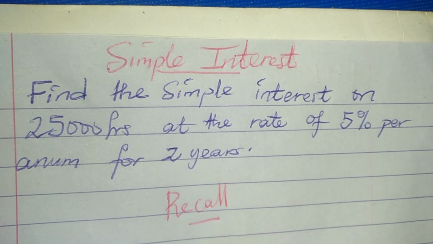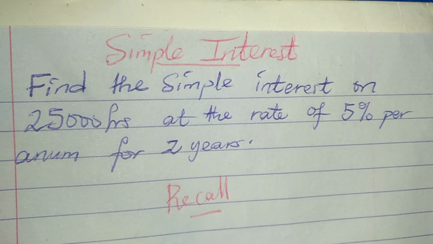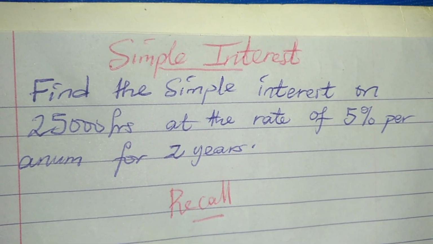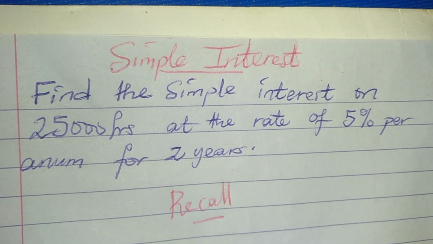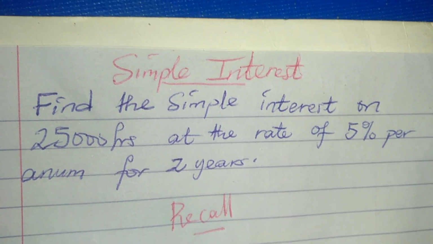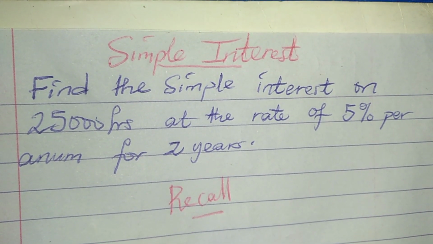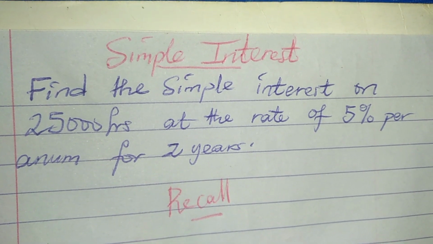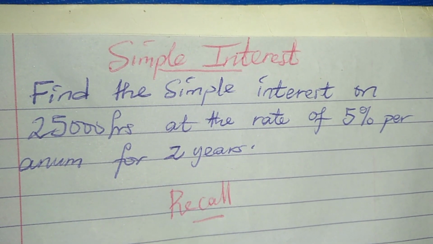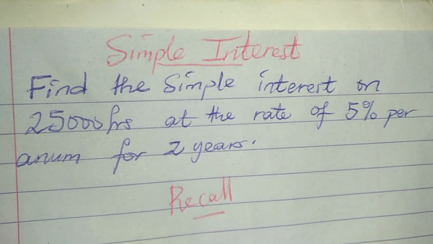So for instance, in our case here, they say find the simple interest on 25,000 at a rate of 5% per annum for 2 years. So we are taking, for instance, money that has been saved in the bank for a period of 2 years at a rate of 5% per annum, and that amount is 25,000 francs. So we need to calculate that interest.